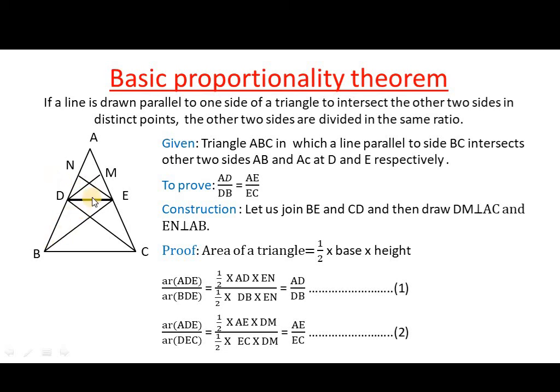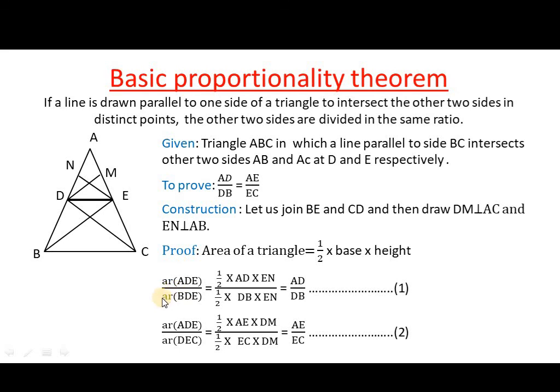In your 9th standard you studied that when two triangles are standing on the same base, between the same parallels, their areas are equal. Therefore, the area of triangle BDE is equal to the area of triangle CDE.